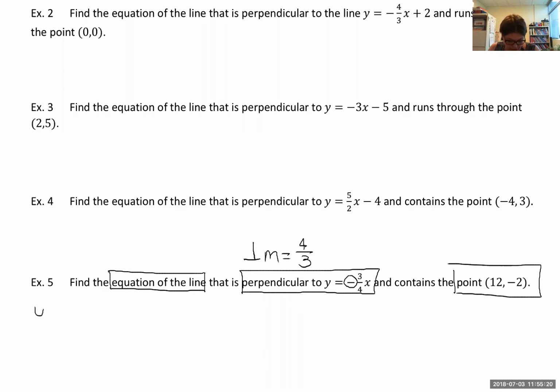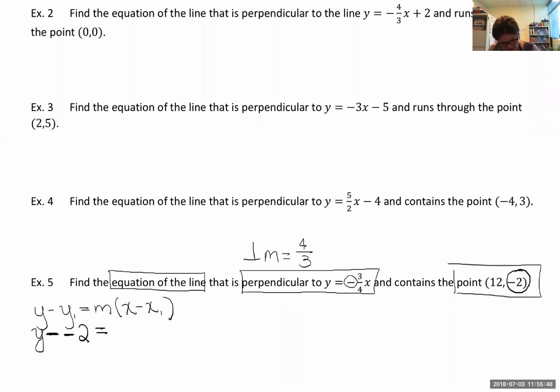Since I know a point and a slope, I will use the point slope form. Let's plug in the y value of our point. Whoops, I put an equal sign when I was supposed to put a minus sign, y'all. So y minus, now you can see the y value of my point is -2, so I'm going to end up with that extra negative, equals m.